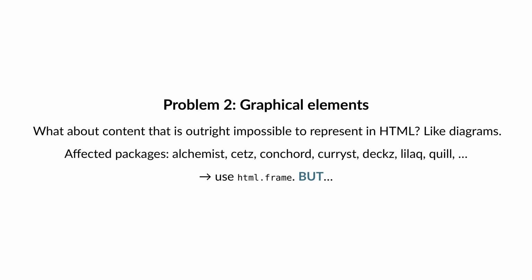What about things that are just not possible to represent in HTML, because it's not made for that, like diagrams, graphics and stuff like that? There's a huge number of packages that suffer from this problem, and the easy solution is to wrap it in html.frame, which is something that the compiler exposes to generate an SVG image of something in Typst, and then just inject it into the HTML.